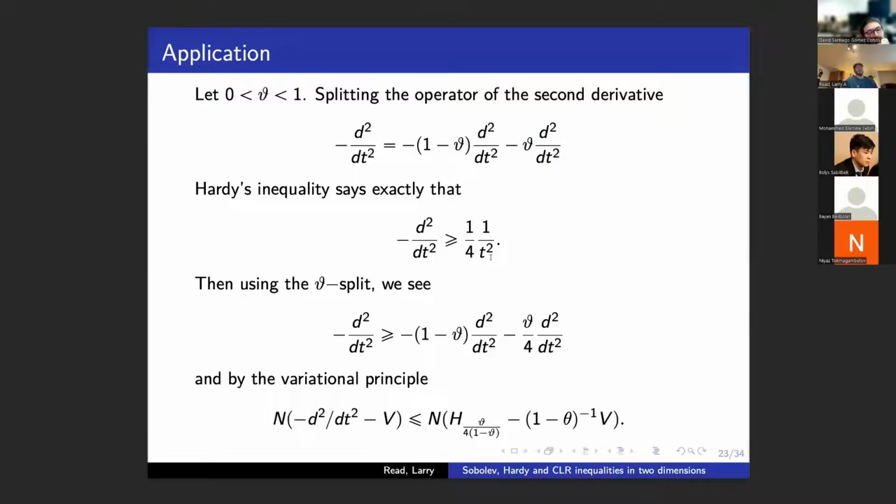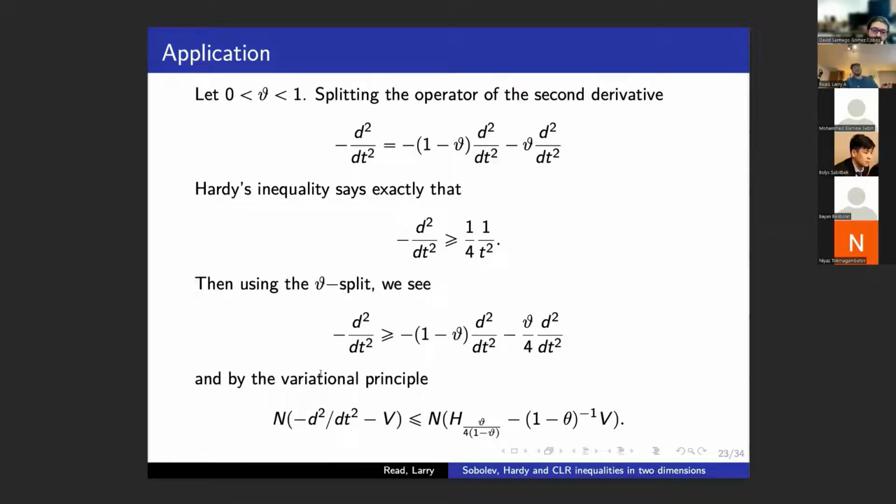And then in terms of these inequalities in the quadratic form sense, what we get exactly is, this shouldn't be a d squared dt, this should be 1 over t squared here. So what we get is some Schrodinger operator here with some Hardy term here.